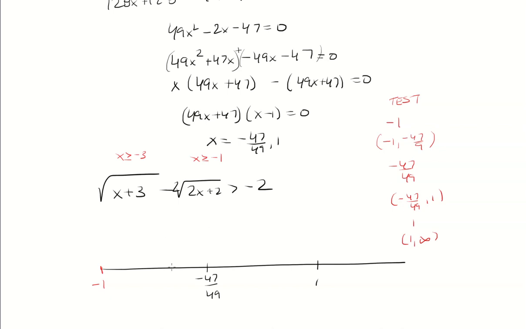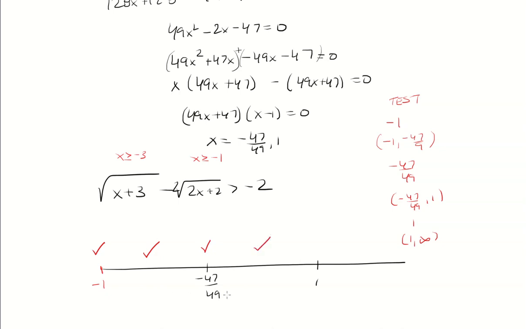And the way we test is just plug it into the inequality. If I plug in the x value, like negative 1, will I get that the left side is bigger than negative 2? So this is all just calculator work. Plug it into the calculator. What you'll get is negative 1 will work. Between negative 1 and negative 47 over 49 will work. Negative 47 over 49 will work.